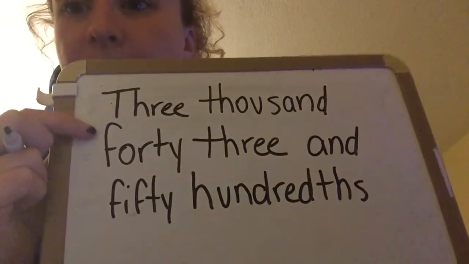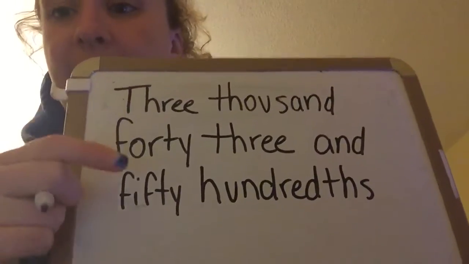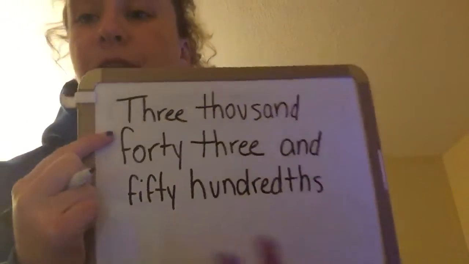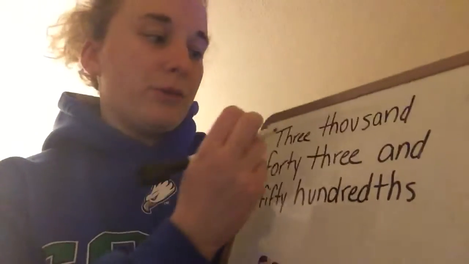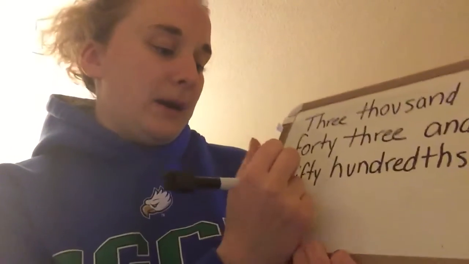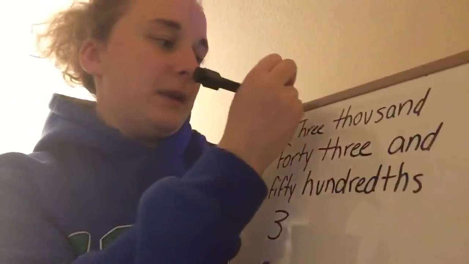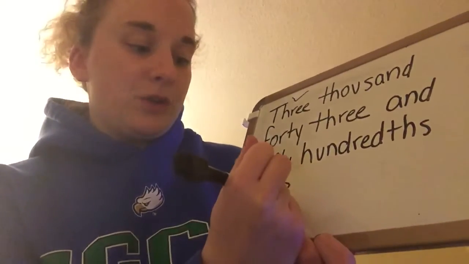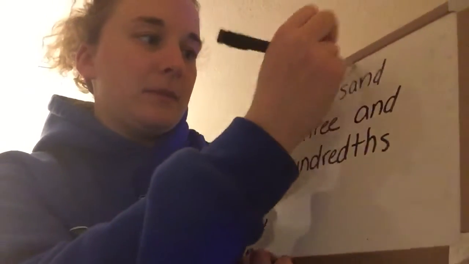So it says 3,043 and 50 hundredths, okay? So the first number I notice is 3,000, okay? So I know my first number is going to be 3, okay? I'm going to check it off. And 1,000, okay? 1,000 tells me there's going to be a comma.